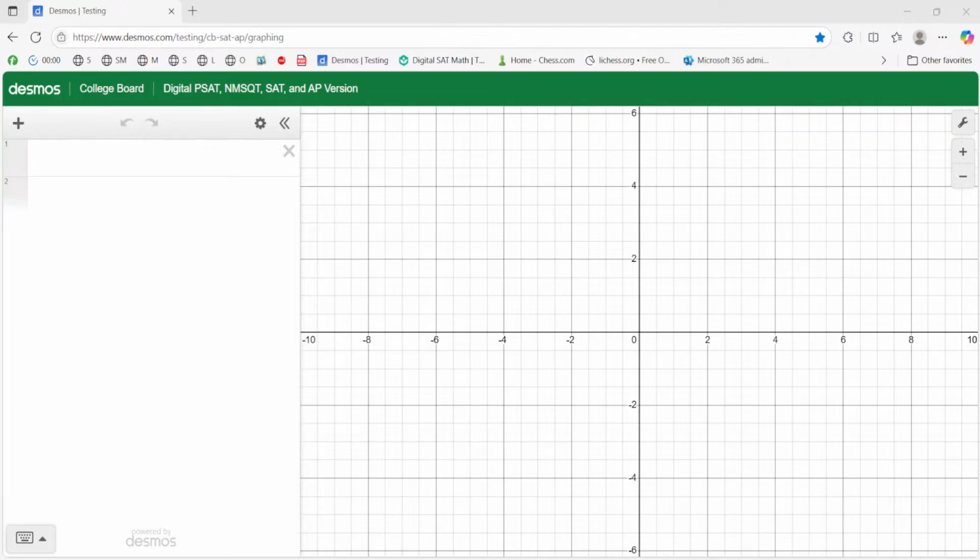This is the thing which you are going to get in your SAT exam as well. The same Desmos tool you're seeing on the screen is provided in the exam. Now, just a second, let's go back to our thing. What we have is f of x equals x square plus 1.